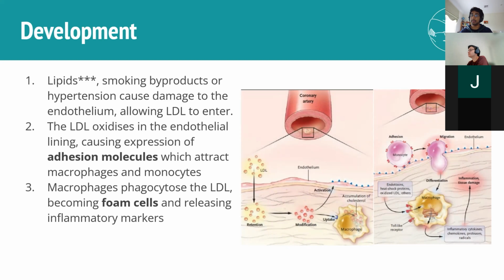So we're recruiting macrophages and monocytes, which are the precursors to macrophages, from the blood, and pulling them in as if there was an infection. There's not. So these macrophages, instead of eating a pathogen, phagocytose that low-density lipoprotein, and they become foam cells, which are big fat macrophages full of cholesterol.